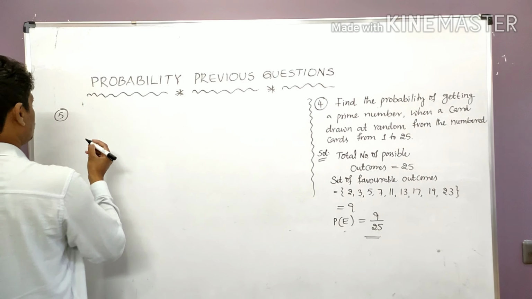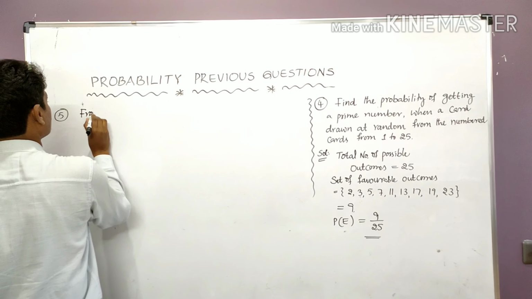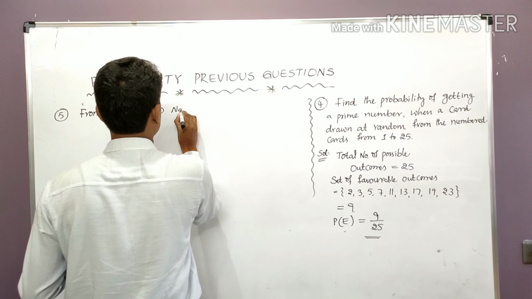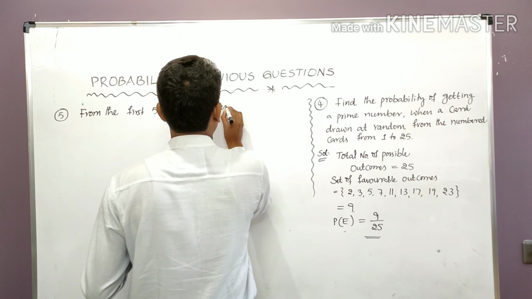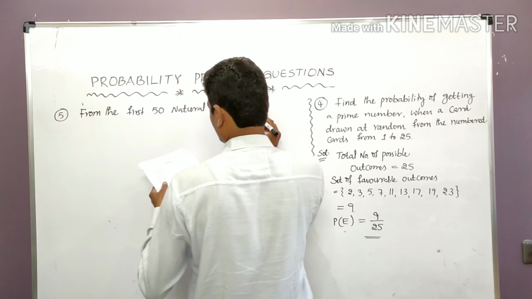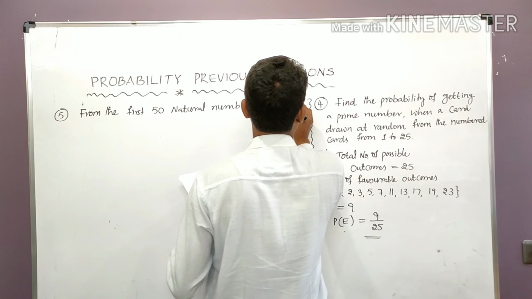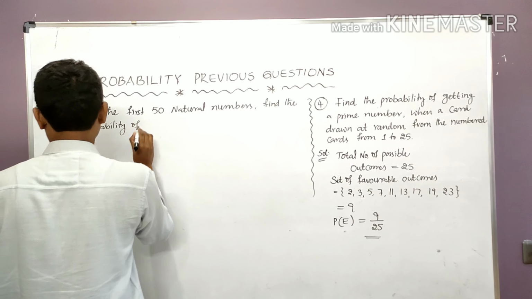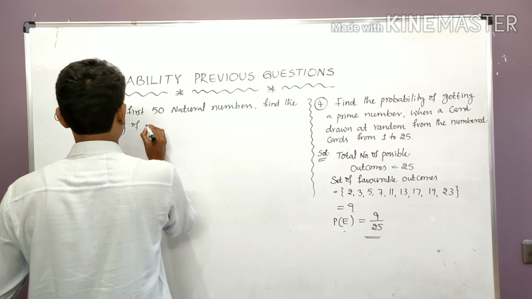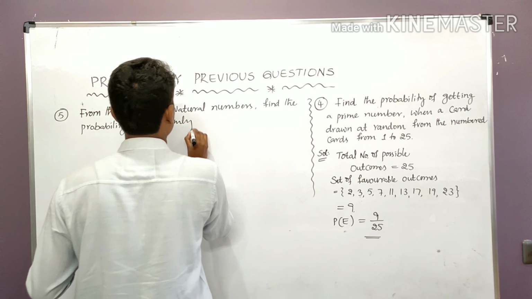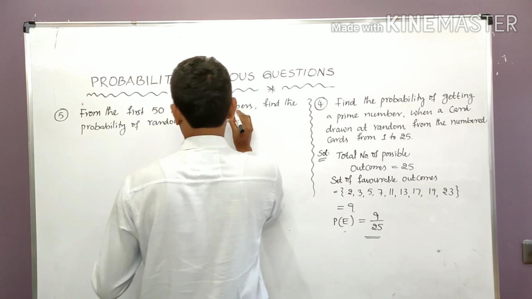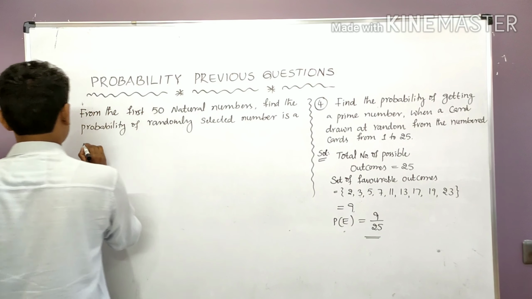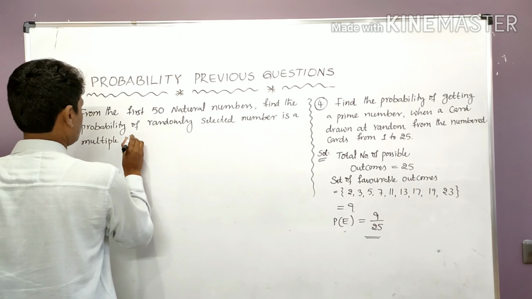From the first 50 natural numbers, find the probability of a randomly selected number being a multiple of 3.